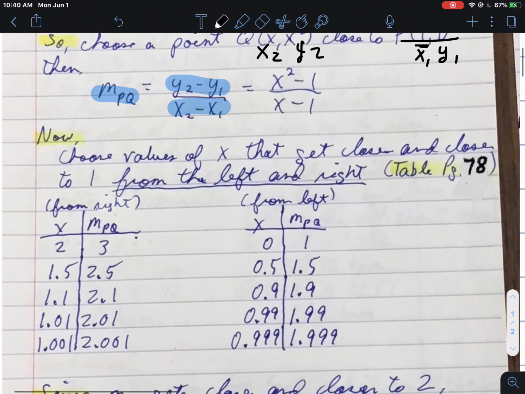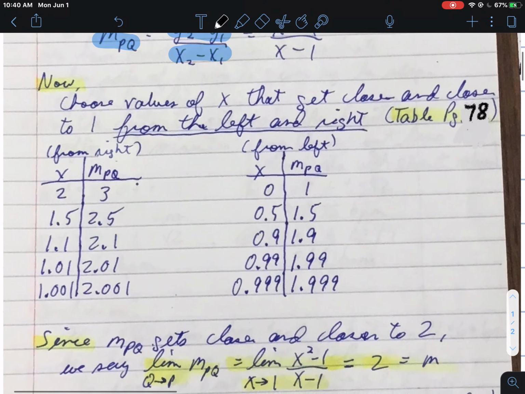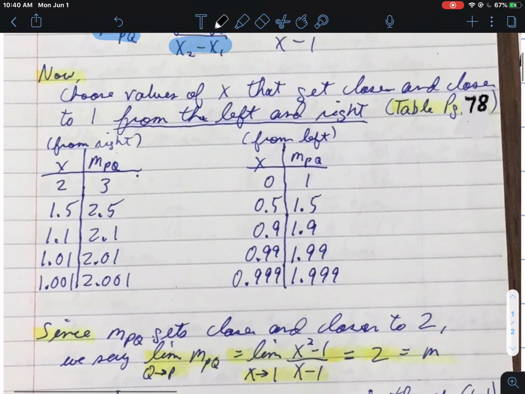Now you'll also hear me say this a lot. When you are evaluating a limit and you're looking at the behavior of your function as x approaches a particular value, you want to look at what happens as you approach that value from both the left and the right. So let me draw this real quick for reference. Here's the side of our point. So we have our point 1, 1, and here's x equals 1, right?